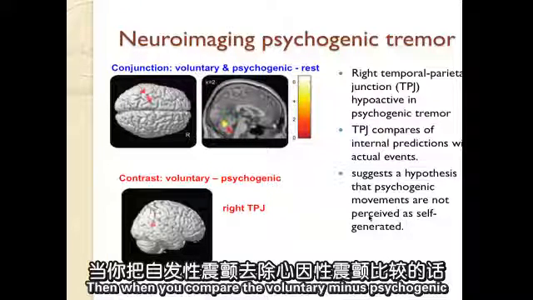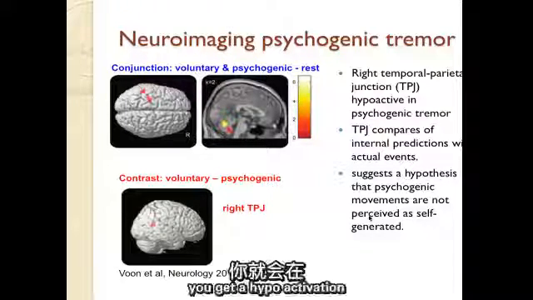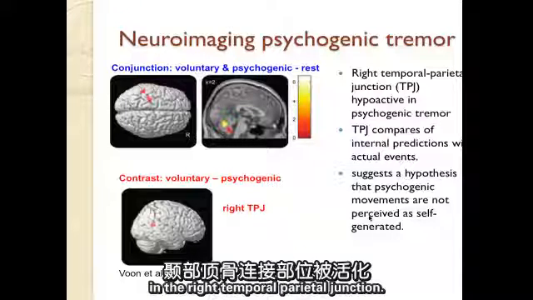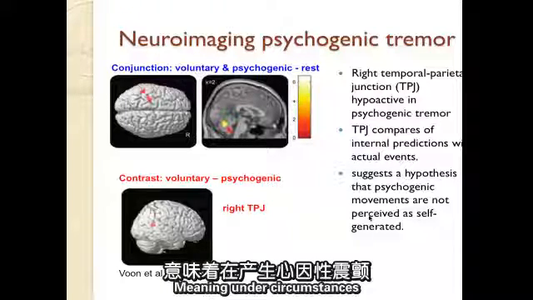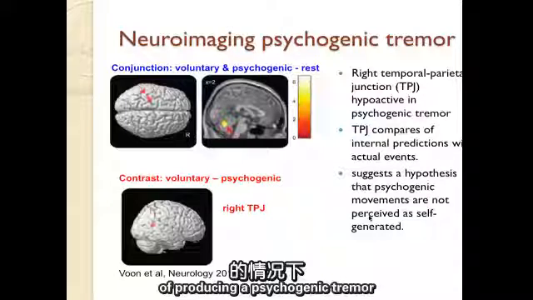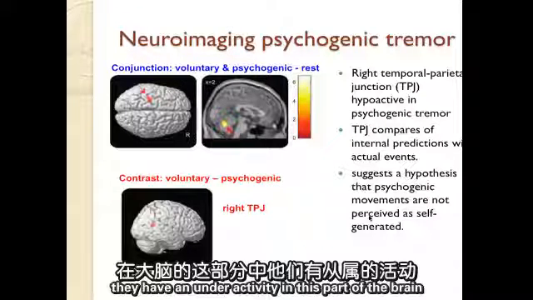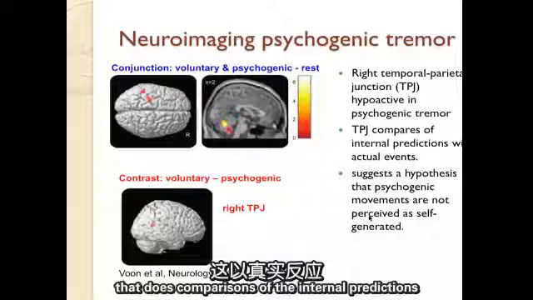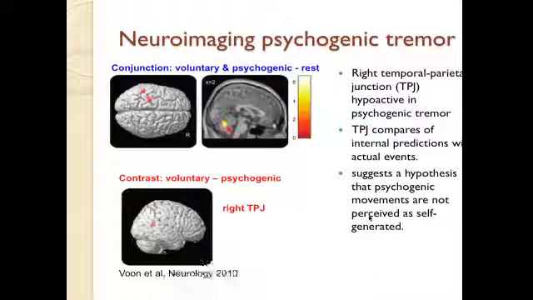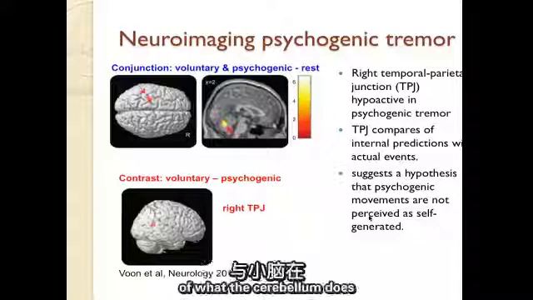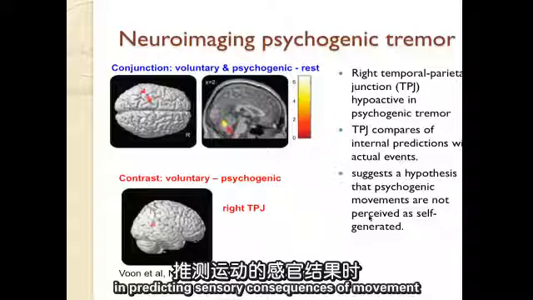Then when you compare the voluntary minus psychogenic, you get a hypoactivation in the right temporoparietal junction, meaning under circumstances of producing a psychogenic tremor, they have an underactivity in this part of the brain that does comparisons of the internal predictions with actual events. So this is the cortical correlate of what the cerebellum does in predicting sensory consequences of movement.